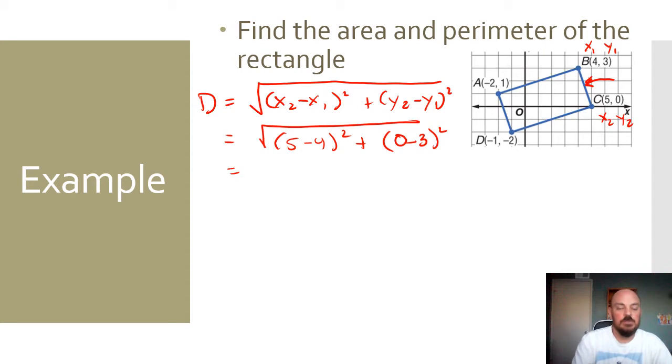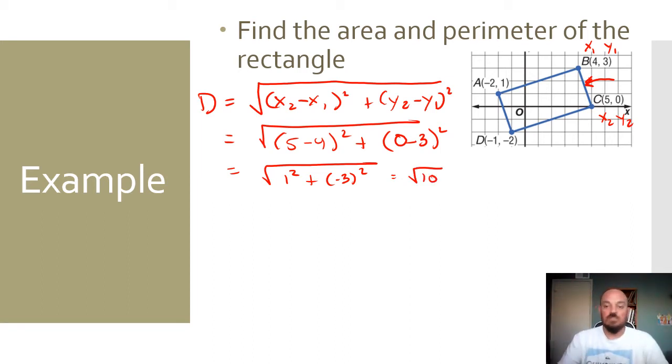Now remember, you're welcome to use a calculator for this work, it's fine. But what you end up with is 1 squared plus negative 3 squared. That ends up being the square root of 10. You have the 1 plus 9. Negative 3 squared is a positive 9. Remember, anytime you square a negative number, it's positive. So 1 plus 9 is 10.